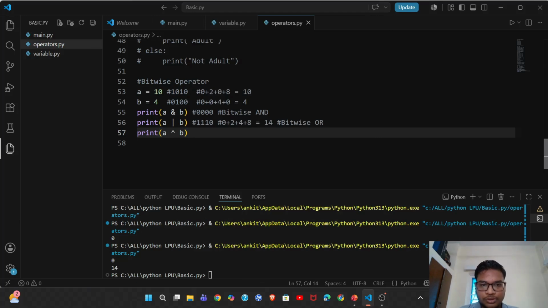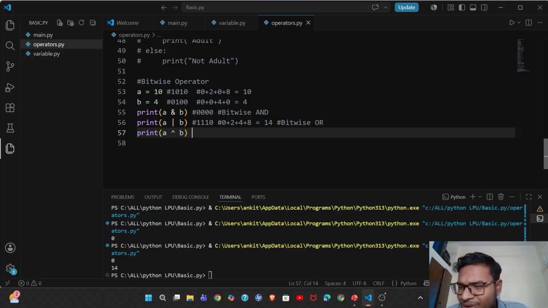What do you mean by XOR? XOR means exclusive OR. It means if both bits are the same, the value is 0. If both bits are different, the value is 1.